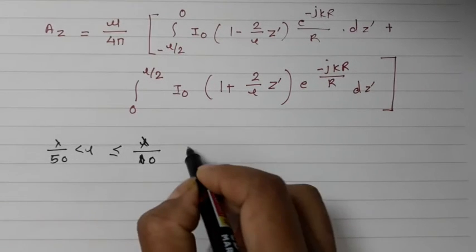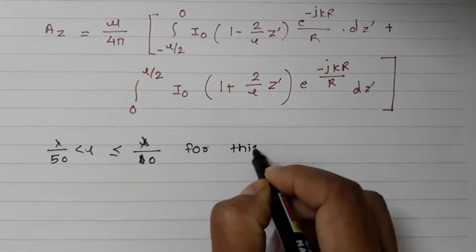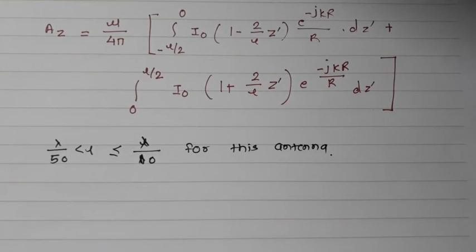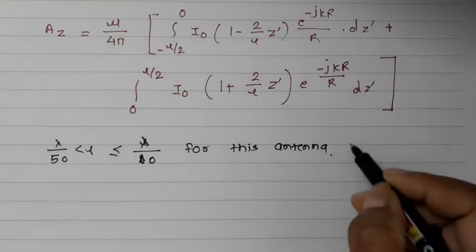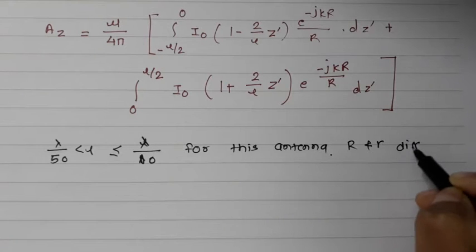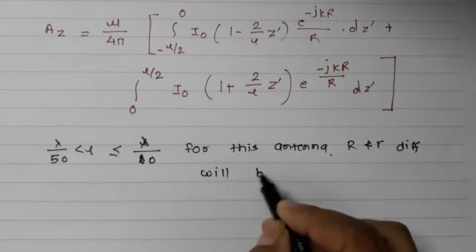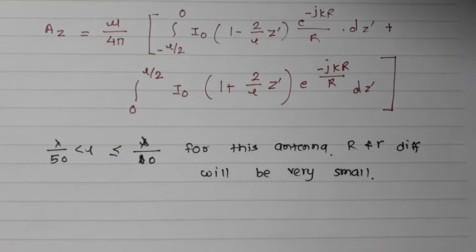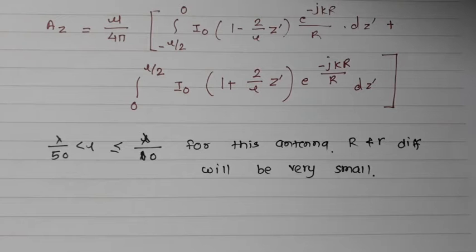For this antenna, you can say that the difference between r and r dash will be very small and can be neglected. This is valid for every r, whether appearing alone as a distance or coming with the phase constant k. So for a small dipole, the maximum length L is equal to lambda by 10, and the difference between r and r dash will be very small.